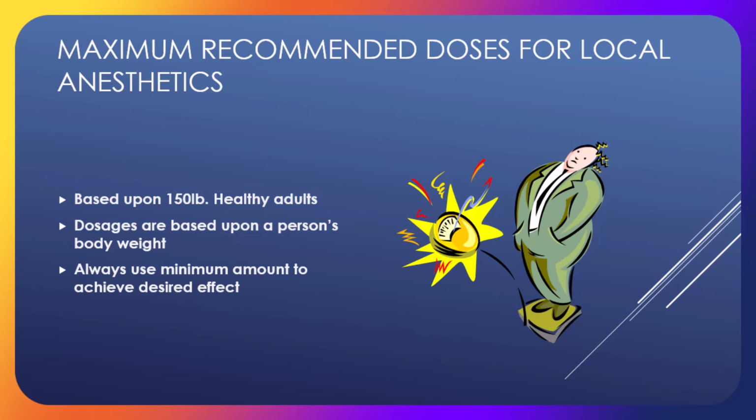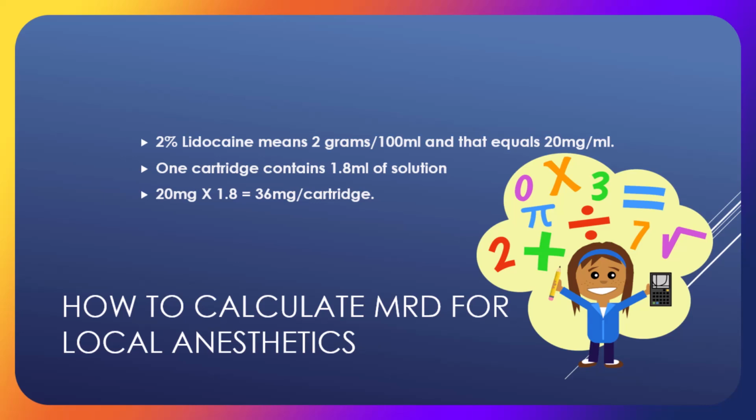So maximum recommended doses for local anesthetics are based on a 150-pound healthy adult. The dosages are based upon a person's body weight, and we always use the minimum amount to achieve the desired effect. We're going to calculate the maximum recommended doses for local anesthetics by knowing that 2% lidocaine means there's 2 grams per 100 milliliters that equals 20 milligrams per milliliter.